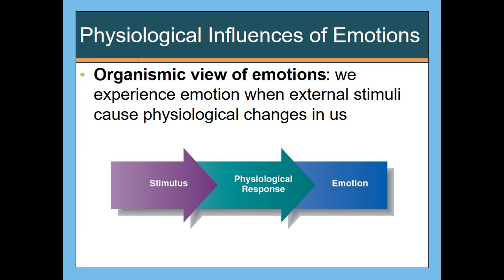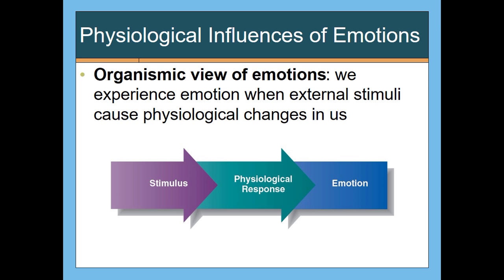So there are four different ways to view emotions, from a social science point of view, different ways of viewing how emotions come to be or how we learn to recognize our emotions. So the first one is the organismic view of emotions, and this one is mostly focused on the physical response.